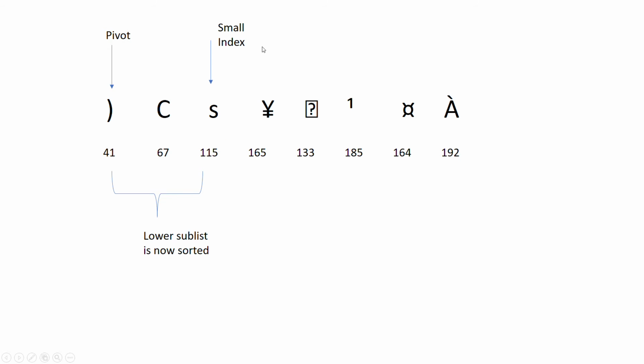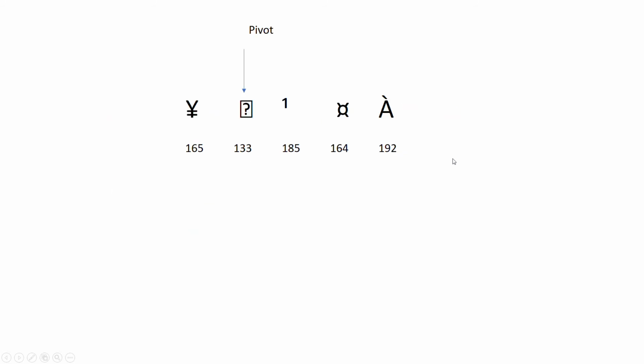Now I don't have to worry about my lower sublist, and I move on to my upper sublist, which has characters 165 through 192. Again, I pick my pivot at the middle. In this case, it's character 133. Again, swap pivot with the first element. Now that I've done that, I would run the comparisons check.